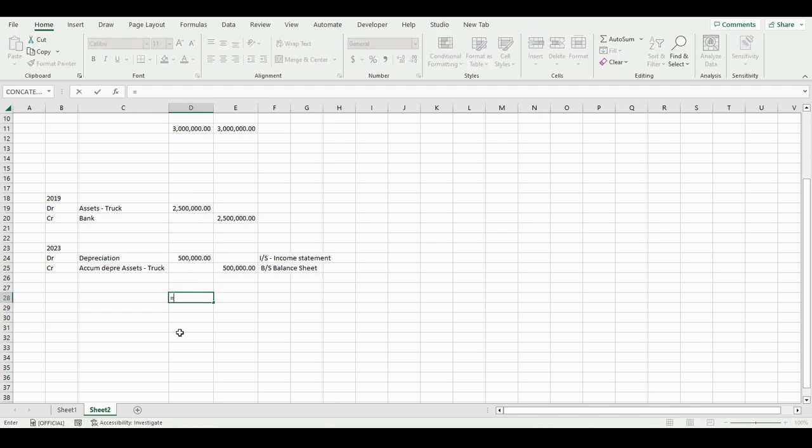The asset has now gone down to 2 million because this is going to be minus this. So now the actual value of the truck is 2 million, but we call it a carrying amount. So your carrying amount now is 2 million.